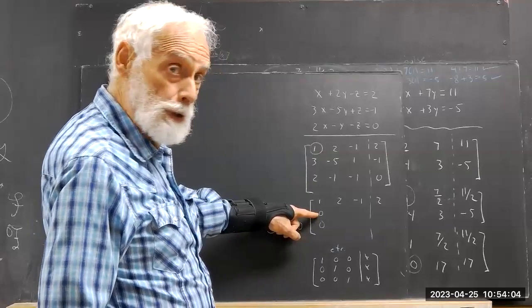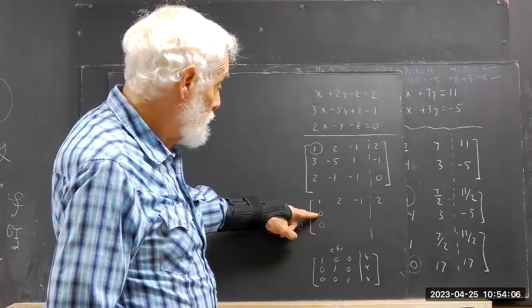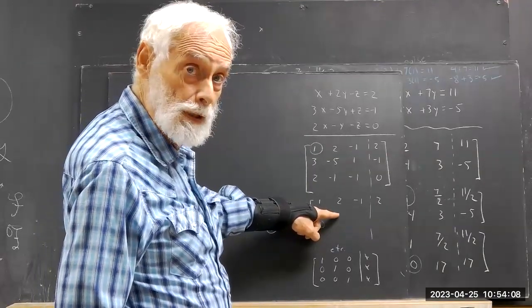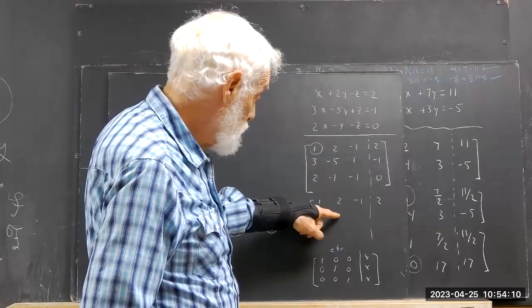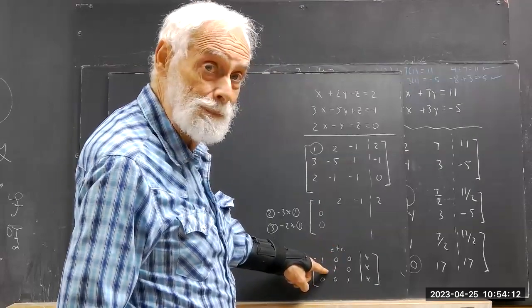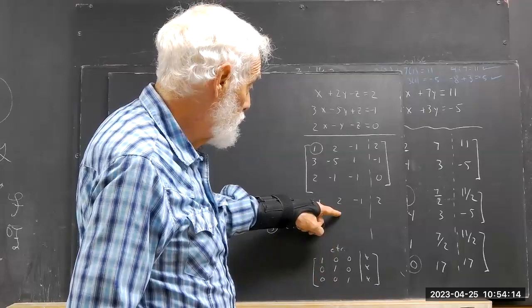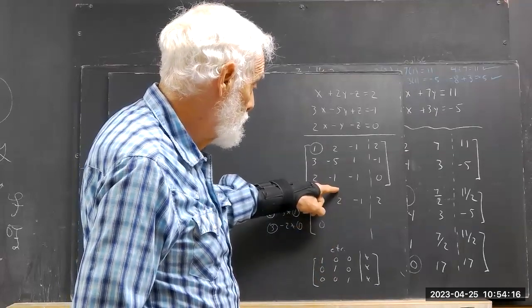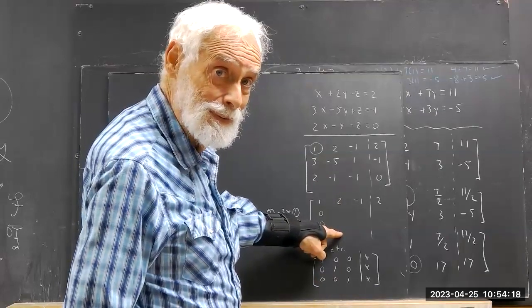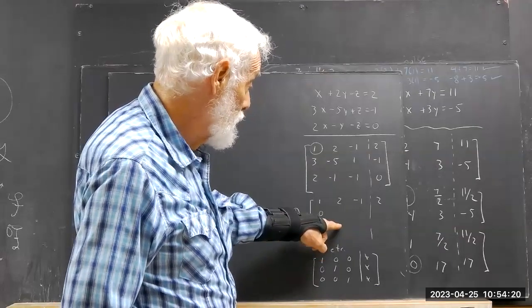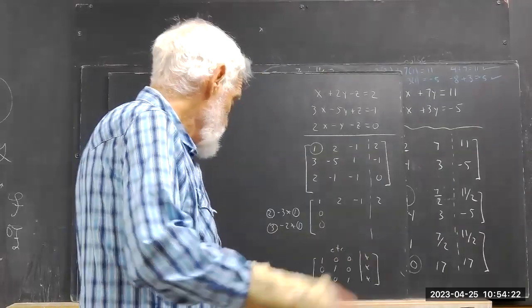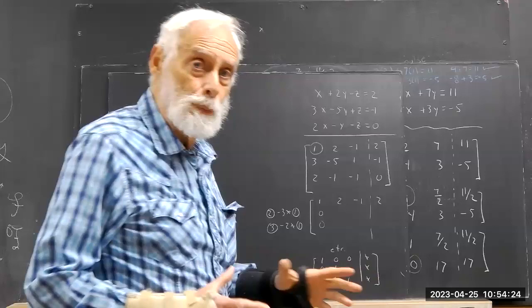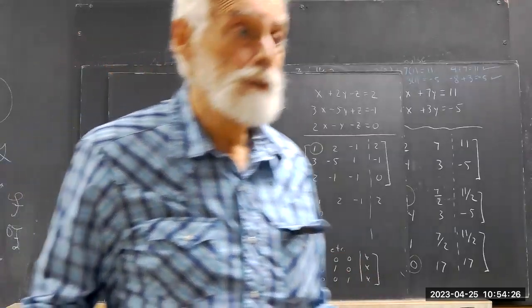Once we get to the second row, we're going to divide by whatever number we have here to get the 1. And then we'll use that 1 to wipe out the number above and whatever number we have below. Now, that's too much saying without doing it. We don't have time to do it.